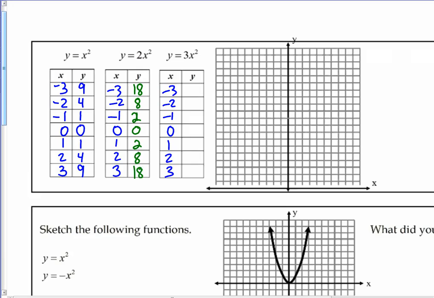So what's 3 times -3 squared? 27. It's 3 times my original y value. Okay, what about the next one? 12, 4 times 3. Next one? 1 times 3.